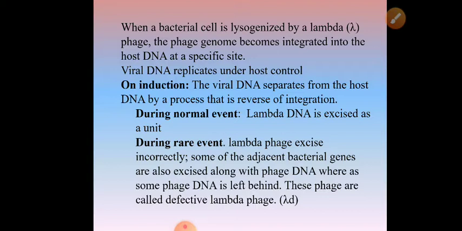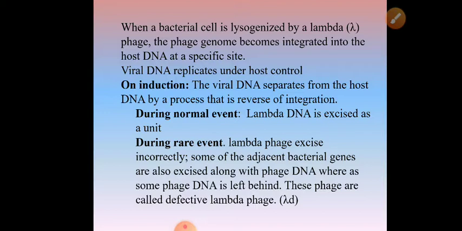What I'm saying is, when the excision of bacteriophage from the chromosomal DNA occurs incorrectly or improperly, then the lambda phage DNA will carry a few genes from the bacterial chromosome.